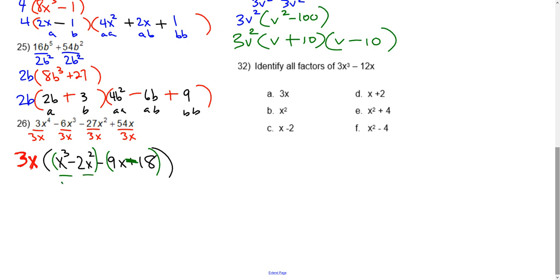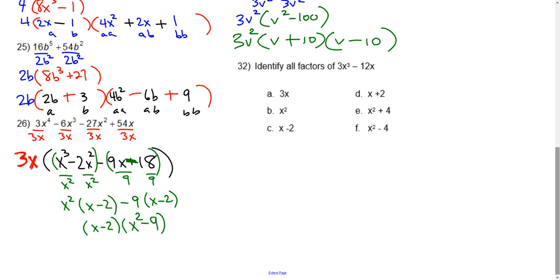GCF. X squared, 9 and 9. So this one is x squared, x minus 2, minus, let's see what we got here, 9, x minus 2. So we have x minus 2, x squared minus 9. We also have the GCF to bring back, so I'll put them back here.